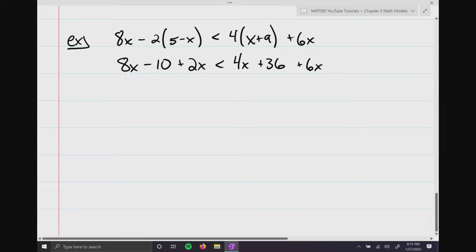Well, if you look, the 8x and the 2x, I can totally combine those two together. So that's going to give me 10x minus 10, which is less than. Now, over here on the right-hand side, I look here and here, and I can combine them. So that is going to give me 10x plus 36.